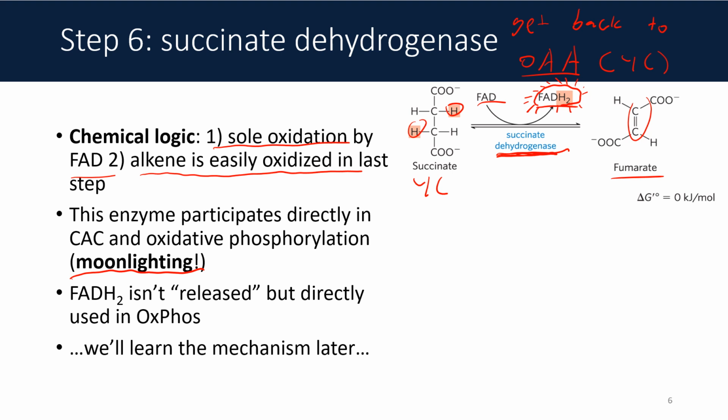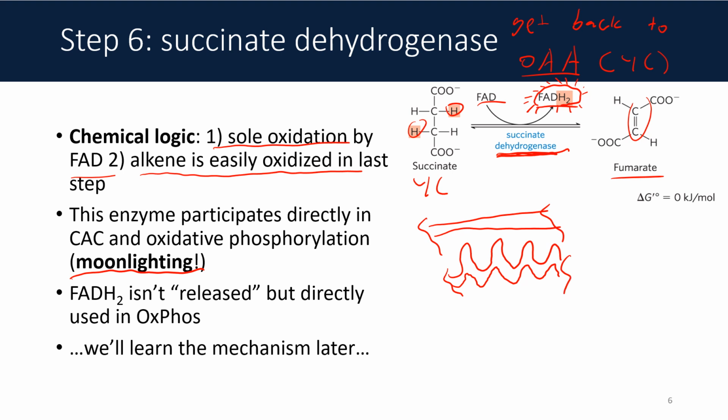Succinate dehydrogenase is interesting because it is a membrane-bound enzyme. The mitochondrion has an outer membrane, it has an inner membrane, and the inside, the matrix, is over here.